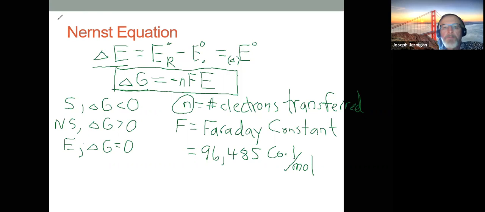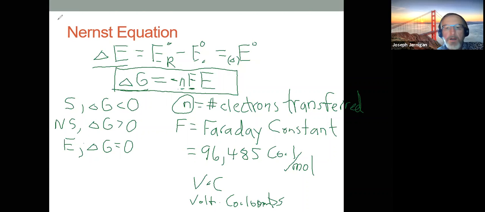So coulombs per mole, that's the units of Faraday. N is the number of moles of electrons, okay? That will give you a unit of voltage times coulombs, volt coulombs, okay?